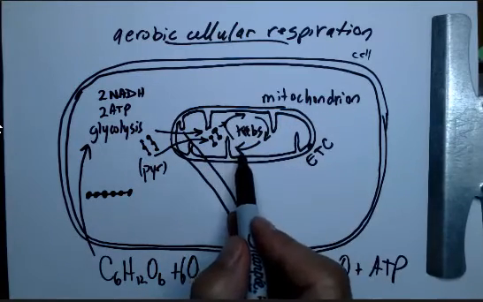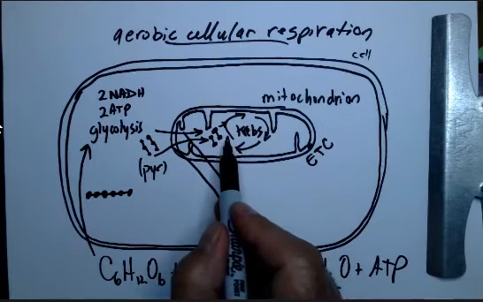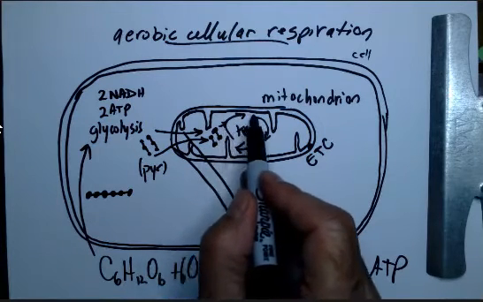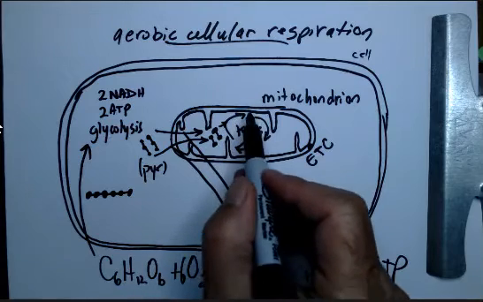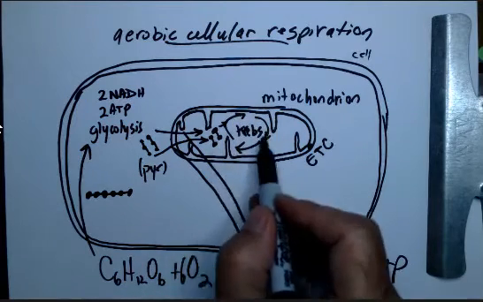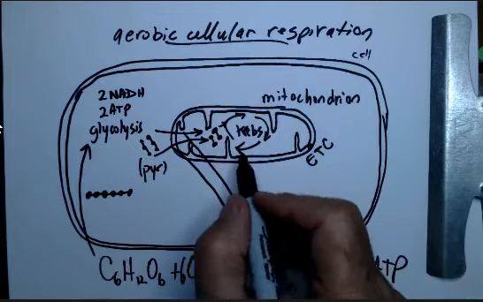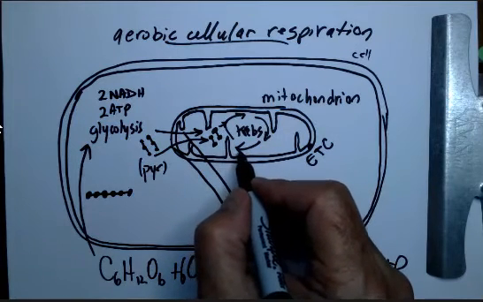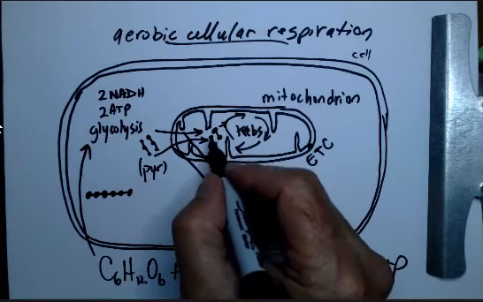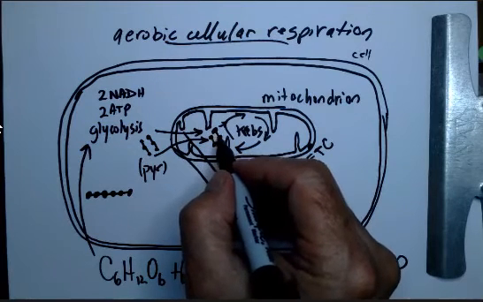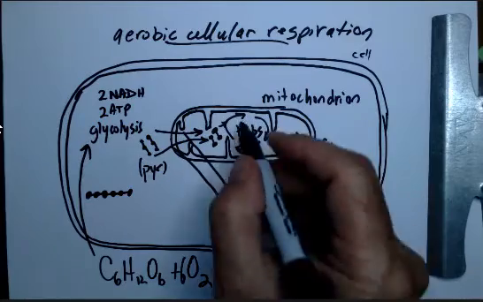They bond with oxaloacetate to form citric acid, which is a 6 carbon intermediate. That's why this is sometimes called the citric acid cycle, because the 4-carbon oxaloacetate or oxaloacetic acid mixed with the acetyl-CoAs makes citric acid.